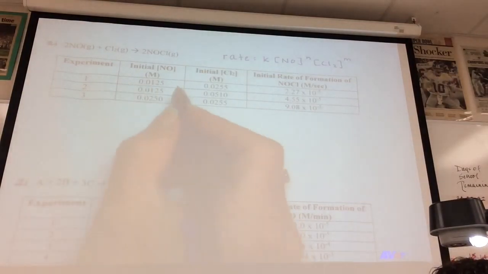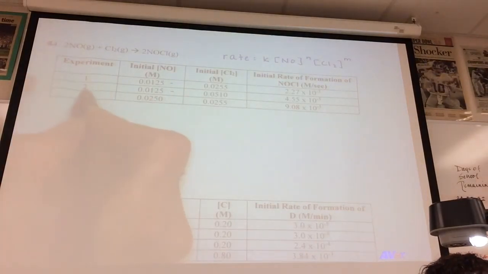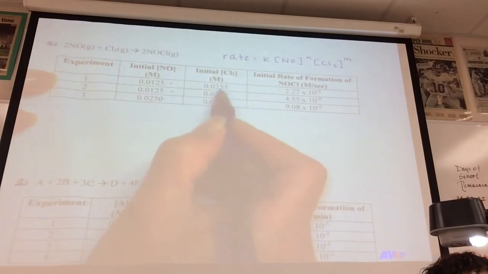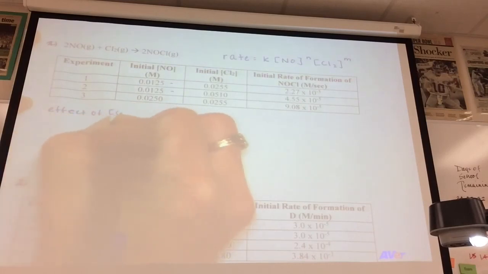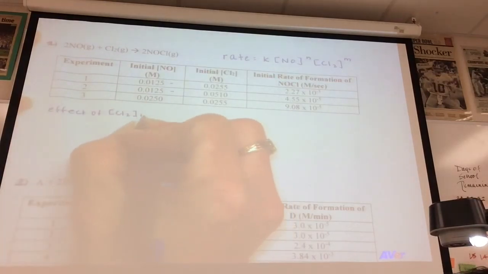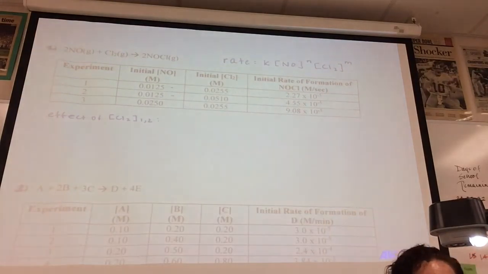And what I notice initially is that NO is constant in experiments 1 and 2. Chlorine changes. Something has to change. I can see from here to here chlorine is doubled. So what I'm going to look at is the effect of the concentration of chlorine on the rate. And I'm going to write down 1 and 2 because that's going to tell me what experiment I used when I go back and check my work.